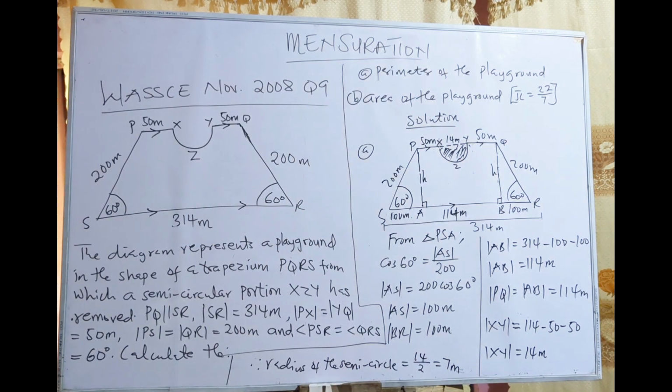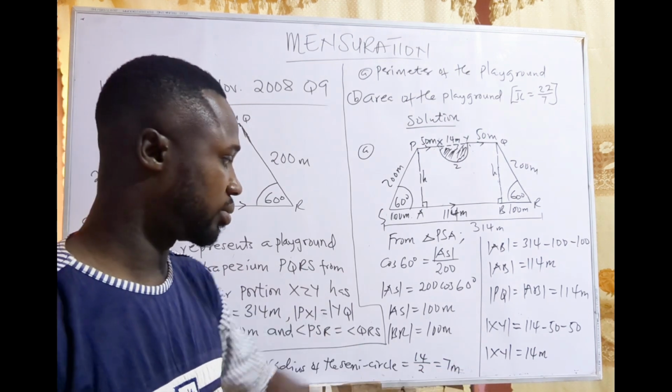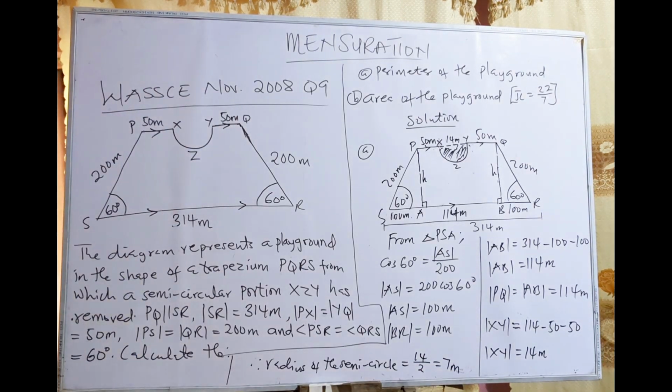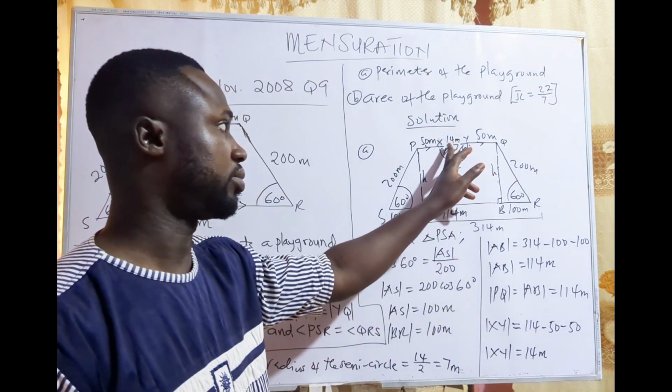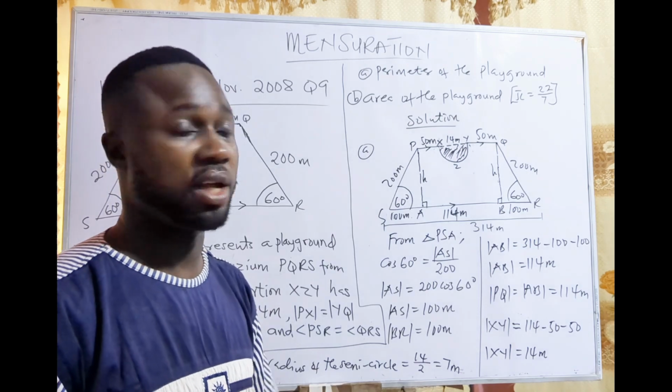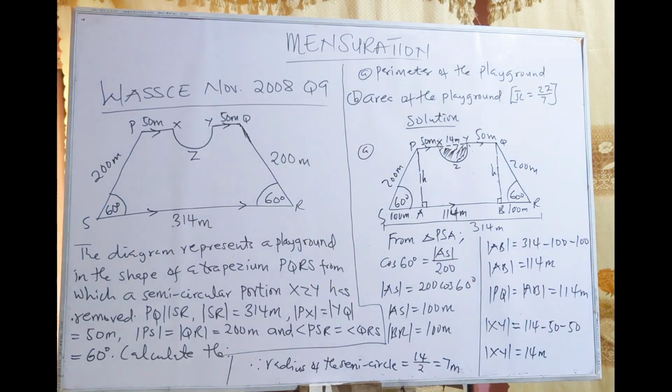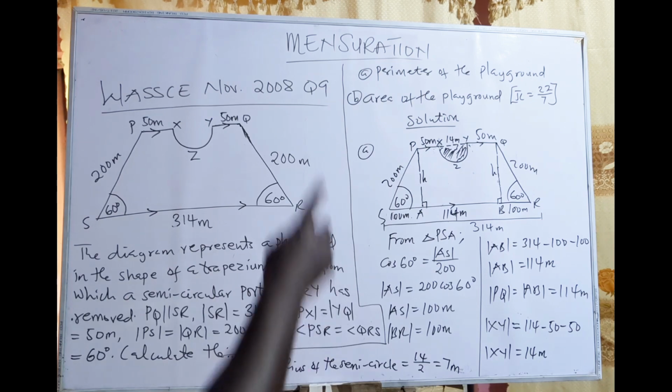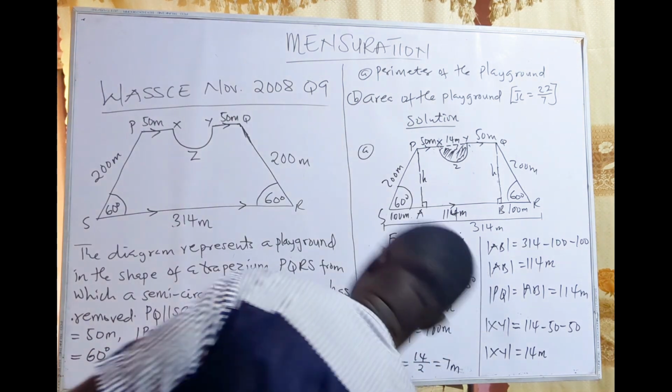So the radius of the semicircle is 7 meters. That is 14 on 2, as XY is the diameter. Then we have gotten the radius, so I think we can calculate the perimeter of the playground.